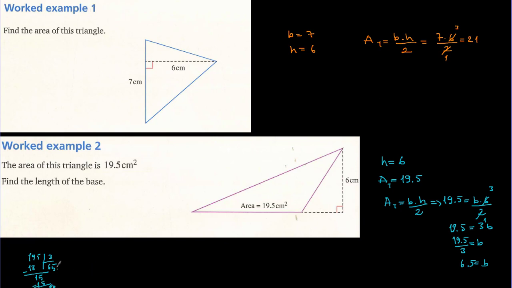Since it is 19.5 divided by 3, the answer is 6.5. So the b value, the base length, is equal to 6.5.